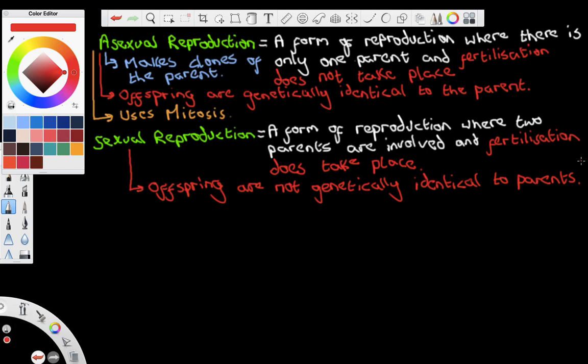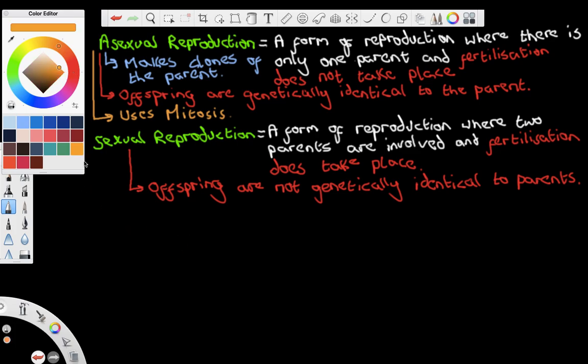So you look nothing like your mom. You are not identical to your dad. However, you have some characteristics that are similar. So, for example, you may have your mom's nose and your dad's eyes. You may have your mom's hair. You may have your dad's height.